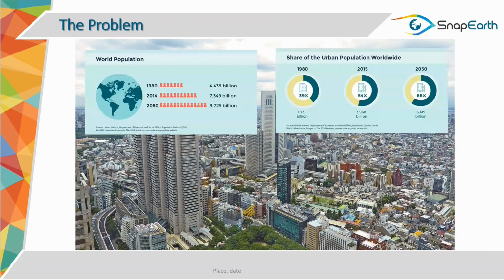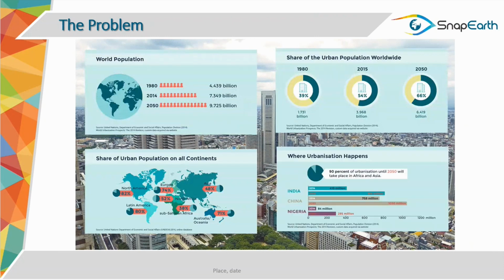Why did we create such a pilot, EarthClimate? Because, as we know, the world population is increasing each year. Mostly people move to big cities, where air quality and the urban heat island issue are very important, and this is the problem in the big cities.